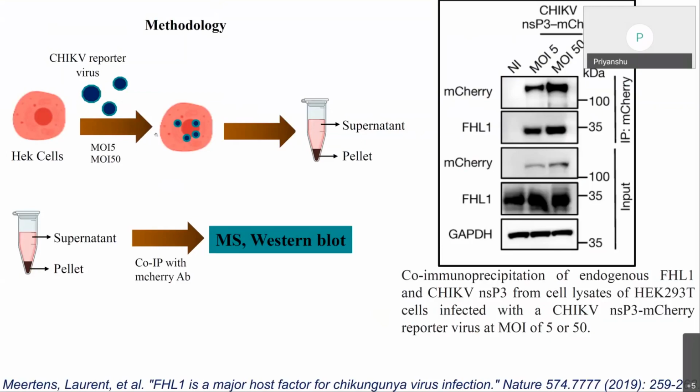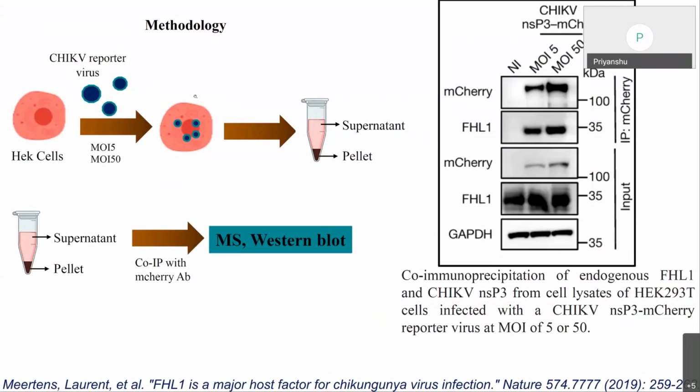Once we get the infected cells in the plate, you can image them through microscopy, because when the reporter virus propagates it gives mCherry, since NSP3 protein is produced with a tag, so the virus shows red color.